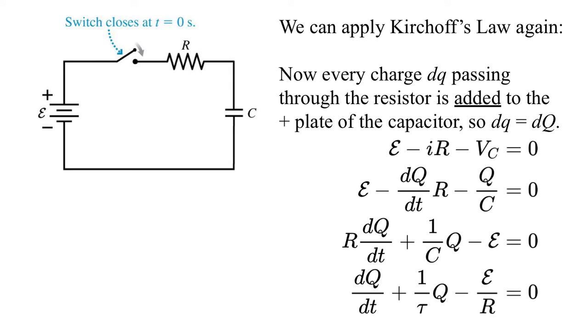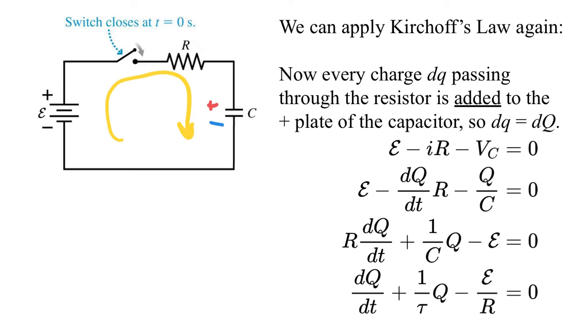Kirchhoff's law says we start here, we go up and gain the battery voltage, we lose the resistor's voltage, we now lose the capacitor's voltage because we know that it's going to charge this way. So as we move around this circuit, we're going against the voltage. The voltage drops across the capacitor.